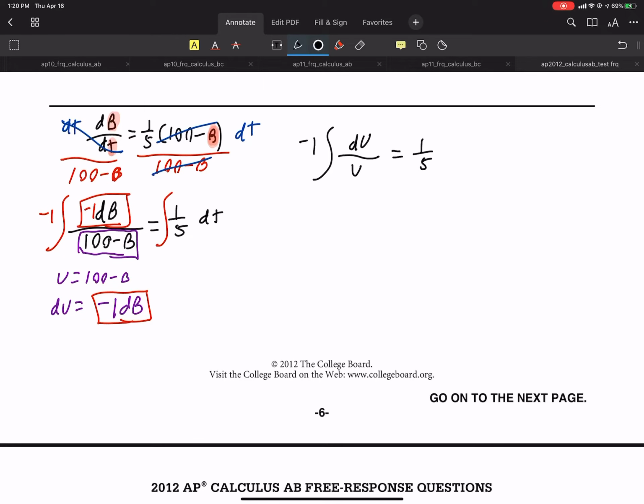The antiderivative of 1/5 is just 1/5 t, and I need my plus c. And the left side, the antiderivative of 1 over u is just ln absolute value u. I need to replace u with 100 minus b.